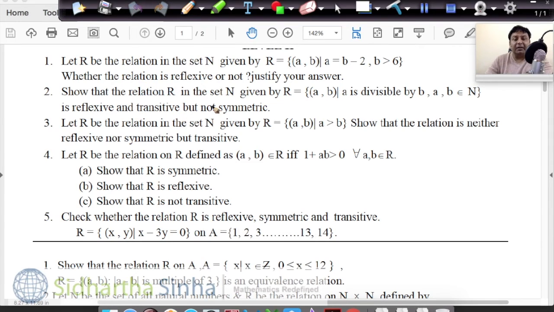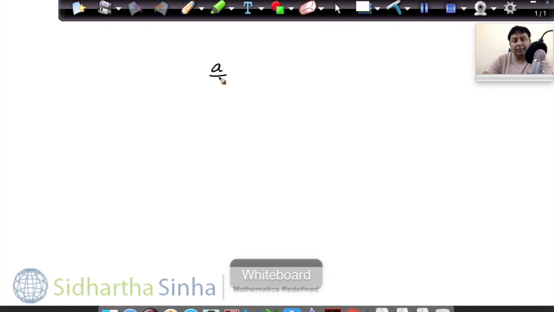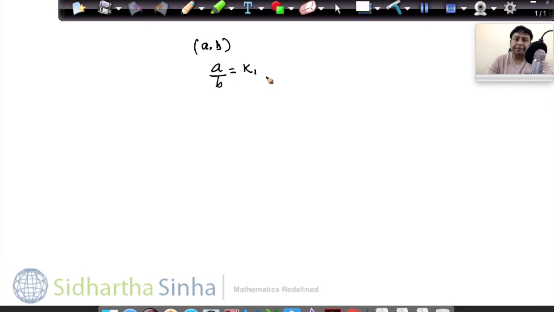Show that the relation R in the set N given by A comma B, A is divisible by B, is reflexive and transitive but not symmetric. Now A is divisible by B means A by B, for all A comma B, is something like say K1. So A is always B K1. So A upon A, for A related to A, is 1, hence divisible.